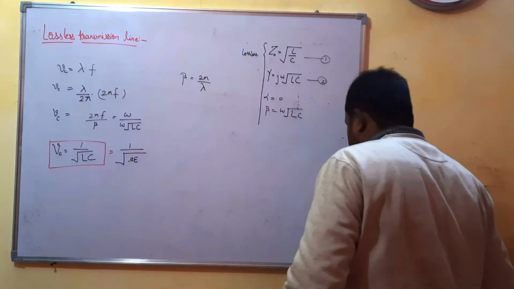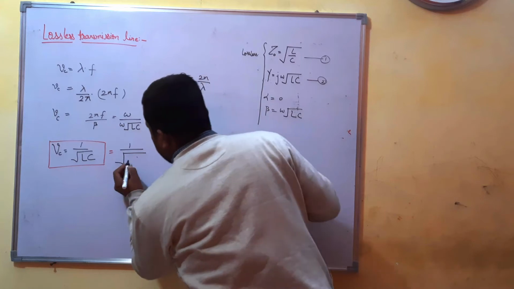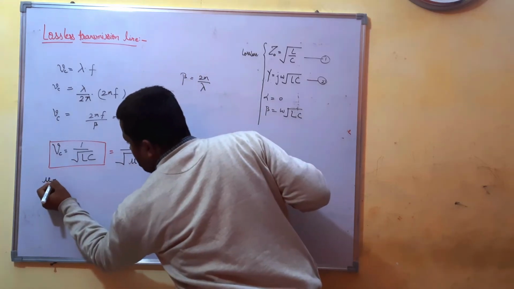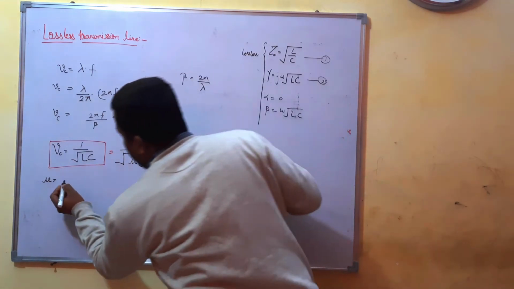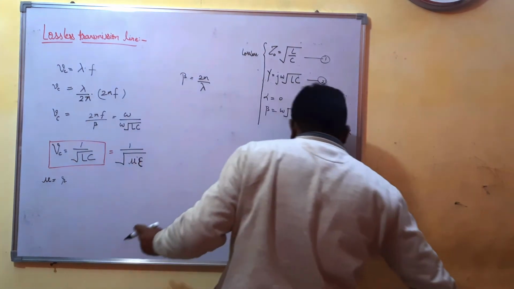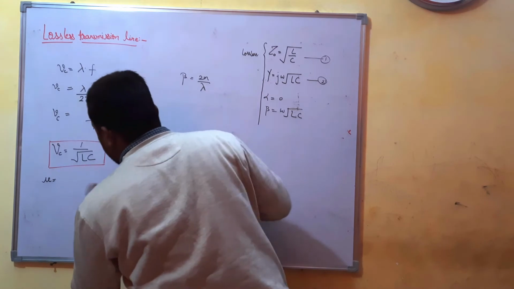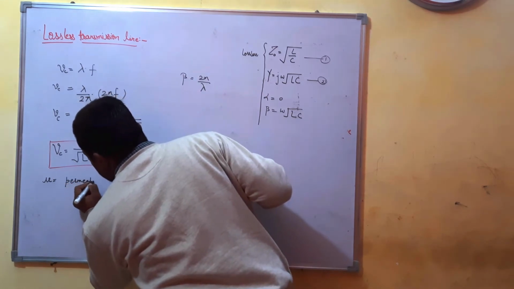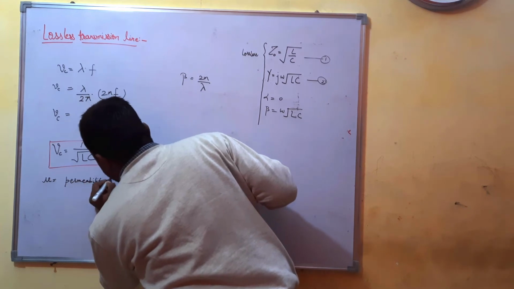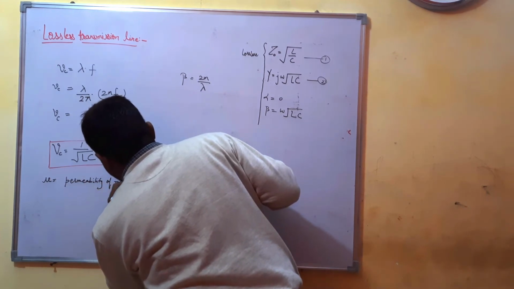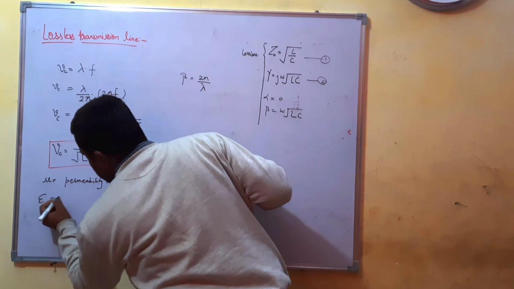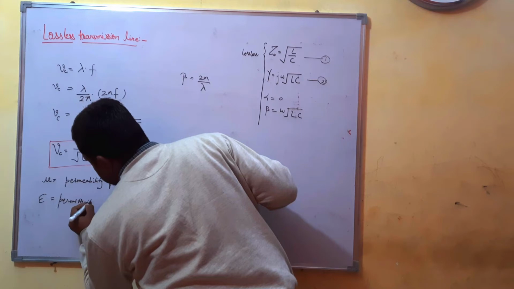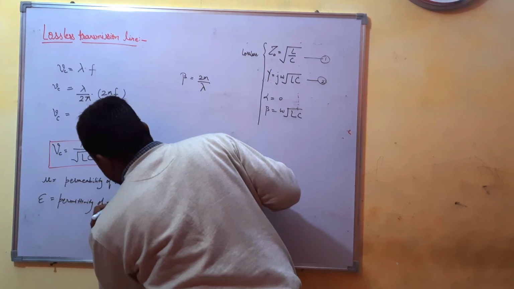Mu is the permeability of the medium, it is not mu r, and epsilon is the permittivity of the medium.